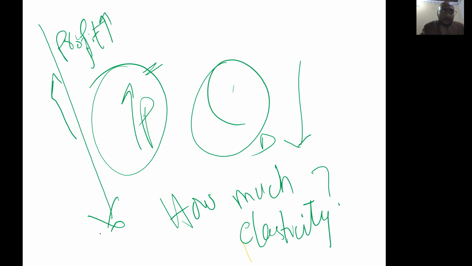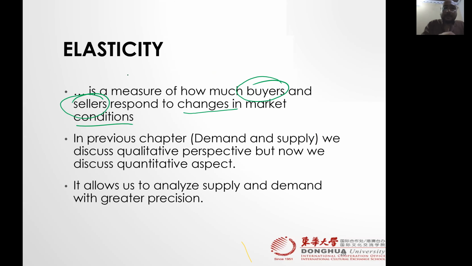What if I increase the price a little? Even if I increase the price a little, I see a large drop in quantity demanded. Or what if I increase the price and my quantity demanded decreases only a small amount?